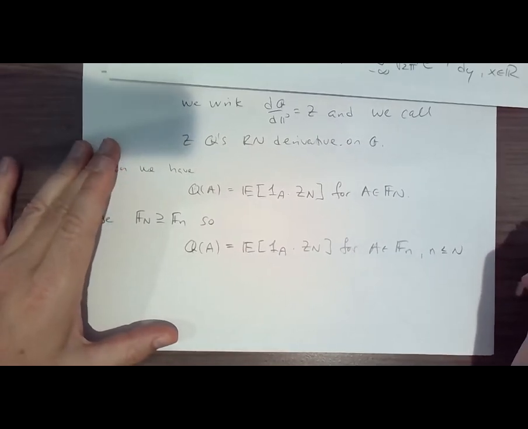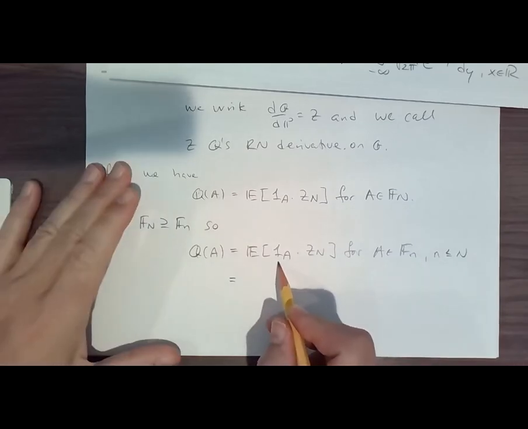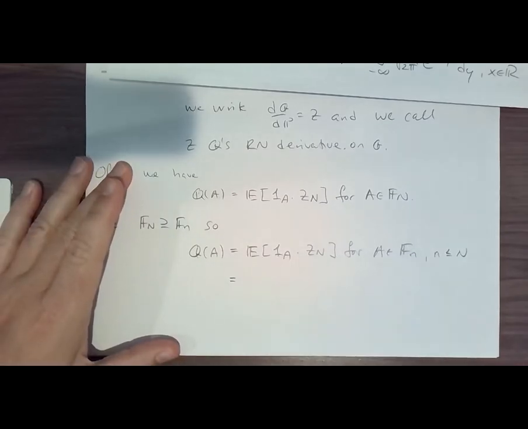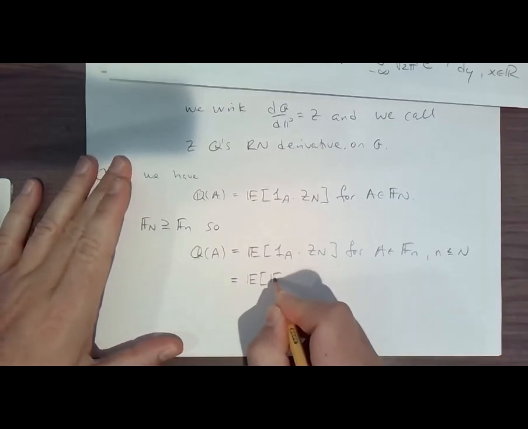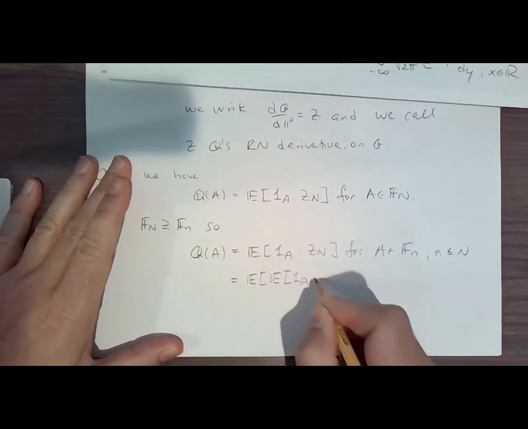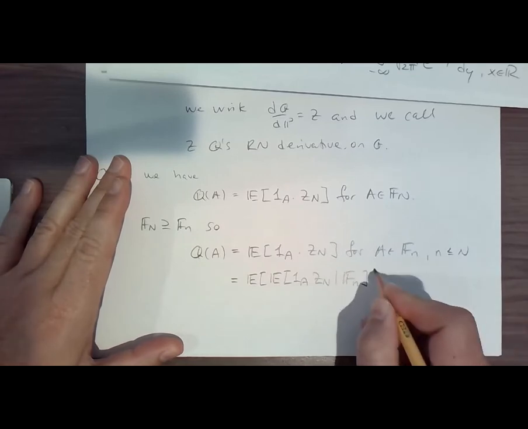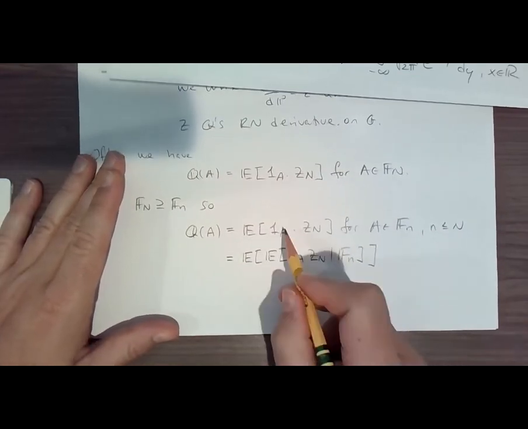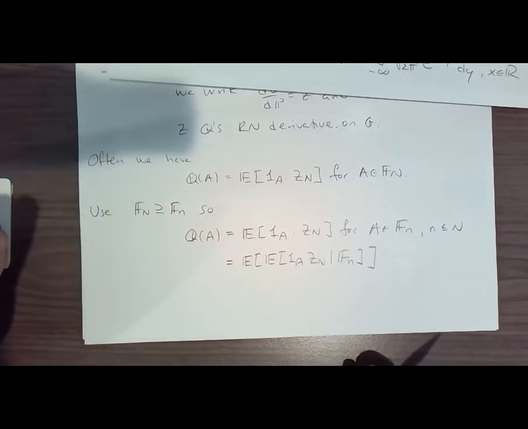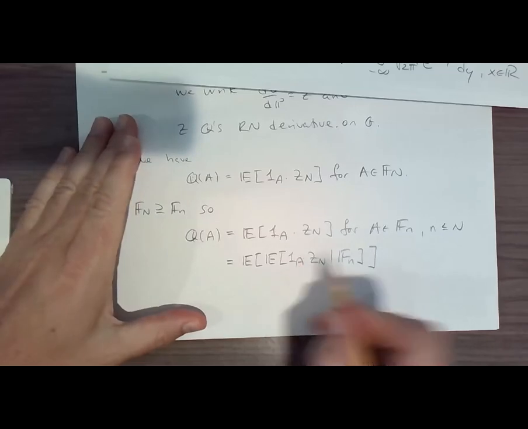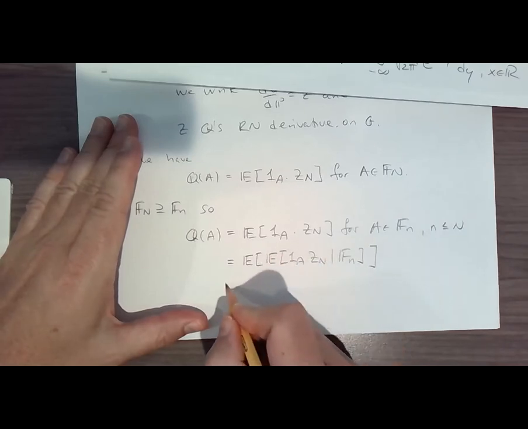Then we can use that the conditional expectation has this property that if I take the expectation of the conditional expectation on Fn, I get the correct unconditional expectation. It has this unbiasedness property. And then I can use that 1A, with A in Fn, is measurable, so it can pop outside.